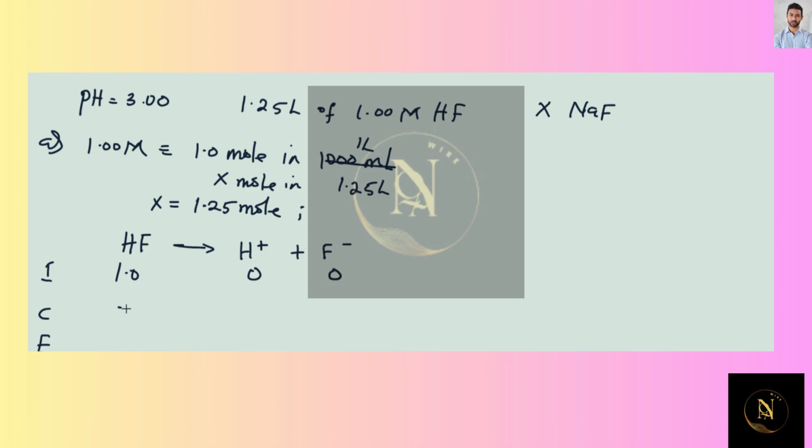Then the change will be minus X, plus X, and plus X. Then the final concentrations are 1.0 minus X, X, and X.